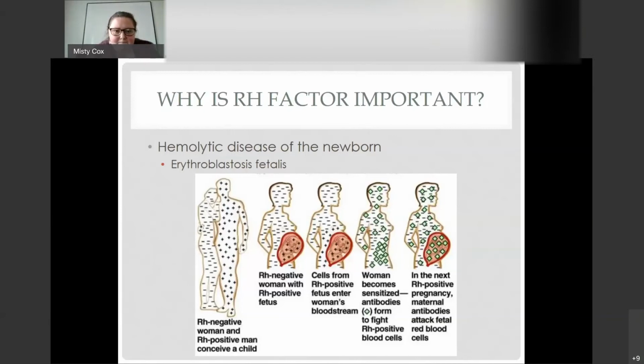Could that result in the woman getting sick because she doesn't have antibodies to fight a virus? So these antibodies are specific to the Rh positive red blood cells. It's not going to fight a flu or a cold. These antibodies would specifically form to fight that foreign blood.